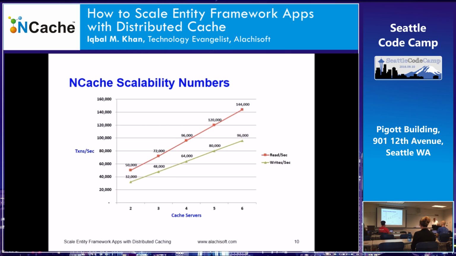So the out-of-process cache cannot ever be as fast as an in-proc cache within your application process because of the serialization cost and the IPC between multiple processes and maybe across the network. But it is still orders of magnitude faster than the database. And the fact that its scalability is the real key here, that it never slows down.